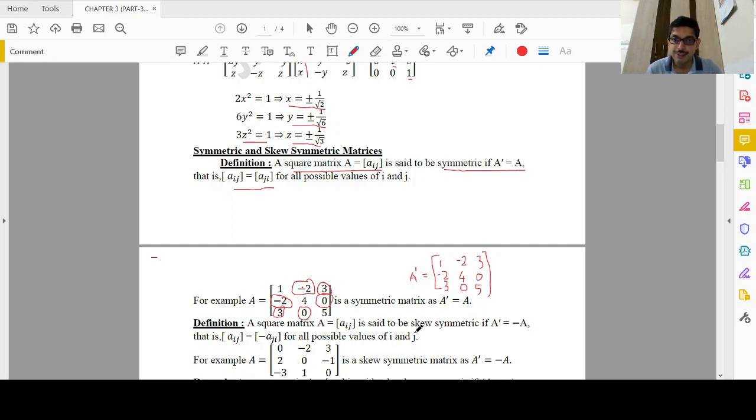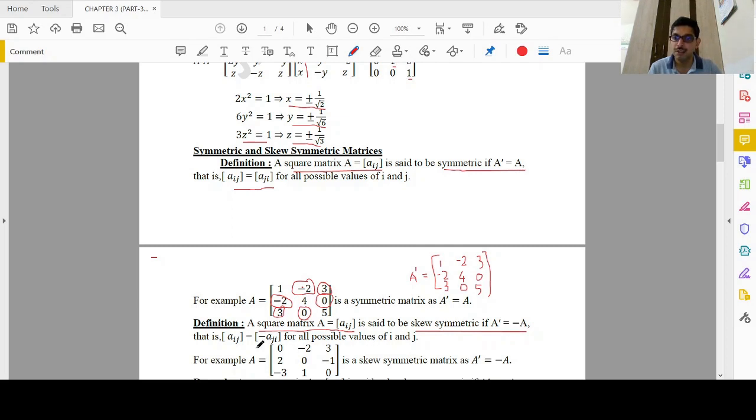Next one is a skew symmetric matrix, that is a square matrix A equal to Aij is said to be skew symmetric if A dash equal to minus A, that is transpose of the matrix is equal to negative of the given matrix, then such a matrix is said to be skew symmetric matrix.